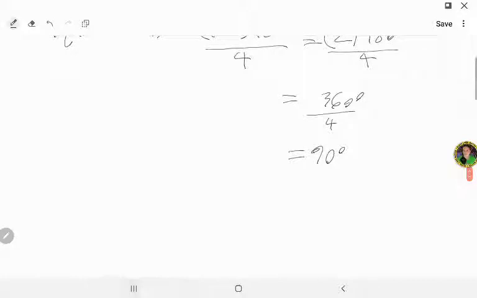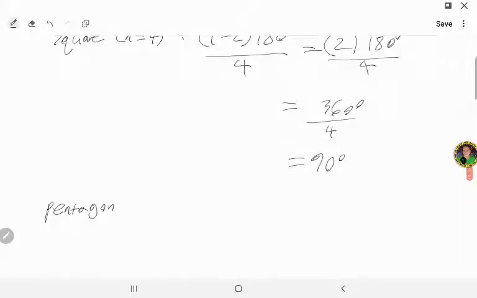Then for a pentagon, make sure we get the same thing we had gotten before. So now we've got n equals 5. So we've got 5 minus 2 times 180 divided by 5, and 5 minus 2 will equal 3.